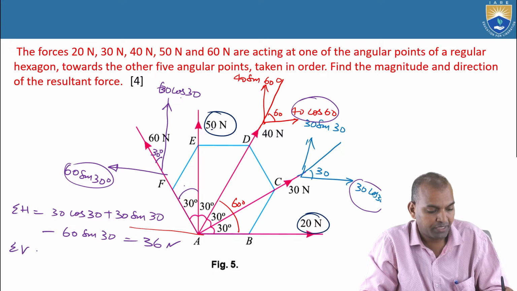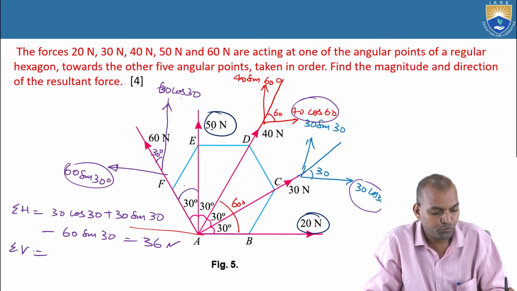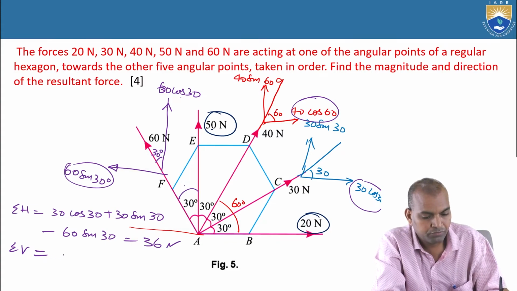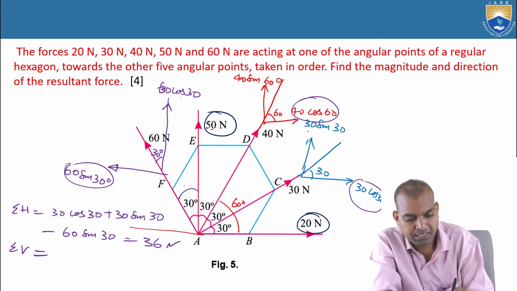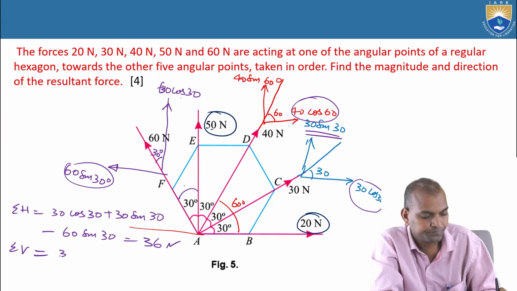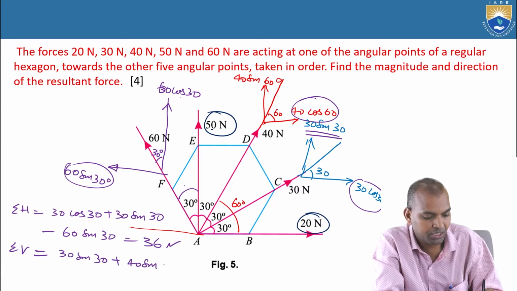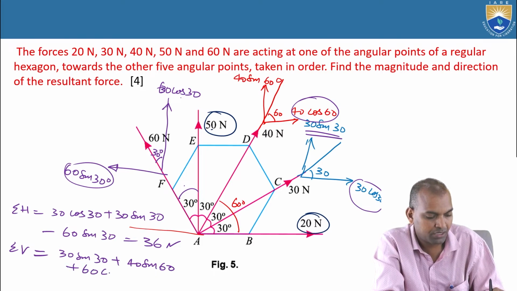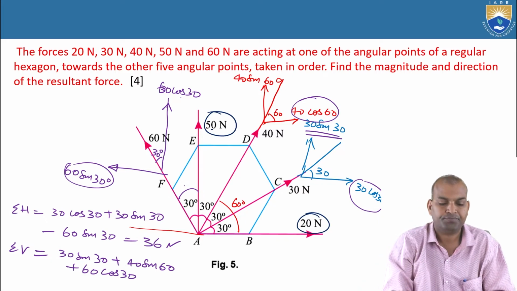What about sigma v? Follow this method, otherwise you will get confusion. Now what are the vertical components? 30 sin 30 is positive, plus 40 sin 60 is upwards, positive y, plus 60 cos 30 is positive y.